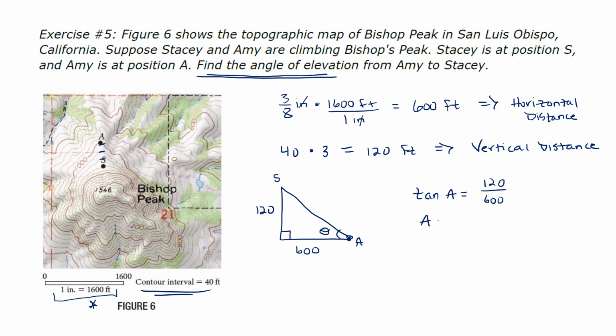To find the measurement of angle A, I'm going to take the inverse of tan. I'm going to plug this into my calculator, rounding to 3 significant digits, and I'll get A equals 11.3 degrees. So Amy must look up at an angle of 11.3 degrees from straight ahead to see Stacy.